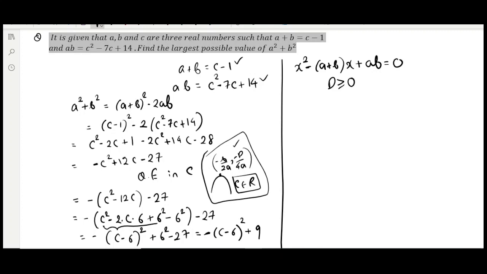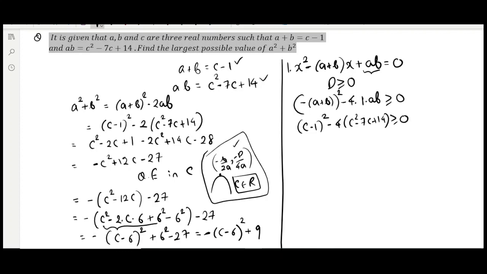So minus a plus b whole square minus 4a, here a is 1, c is this term, ab should be greater than or equal to 0. So we will substitute first of all that a plus b is c minus 1 here. This minus sign will vanish because of the square, and 4ab is c square minus 7c plus 14 greater than or equal to 0.